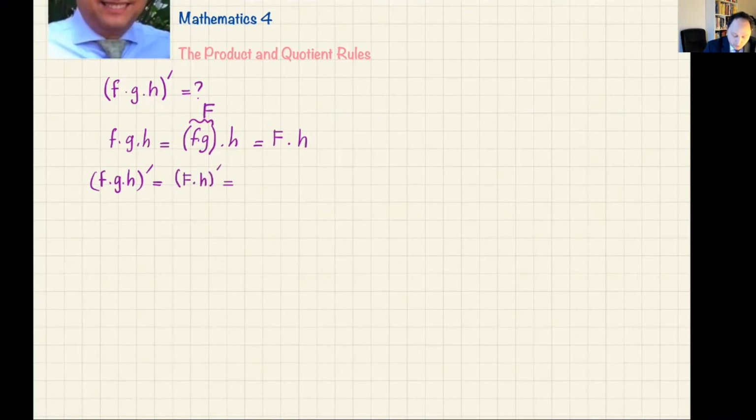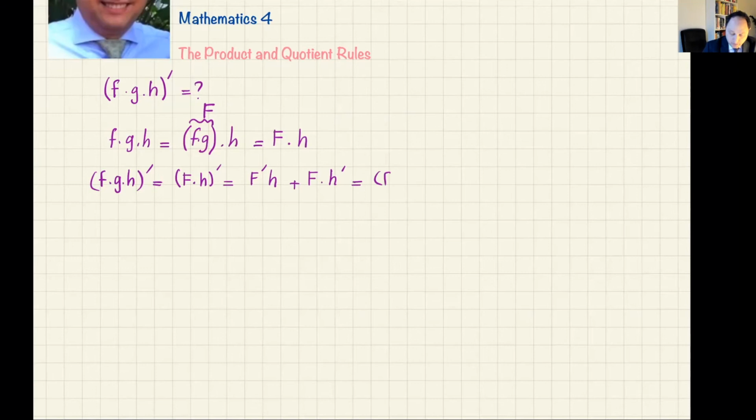I know how to deal with the product of two functions. It becomes the derivative of the first one multiplied by the second one itself, plus the first one multiplied by the derivative of the second one. And now I replace capital F with this f times g, because capital F was just a name I gave it to be able to solve my problem.